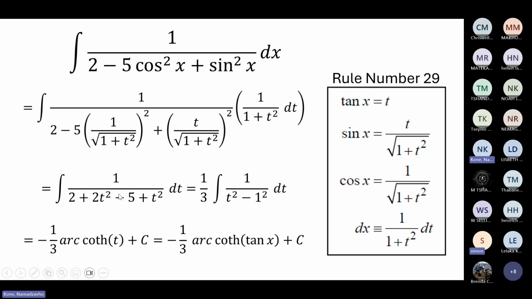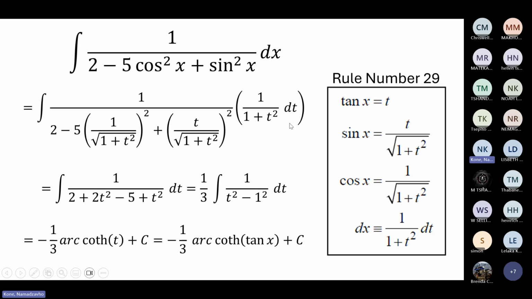Firstly, how did we get these values? It is this 2 here, multiplied by 1 plus t squared. This 2 times 1 is this 2. This 2 times t squared is this 2t squared. Are we happy so far? This 2 here is multiplying this 1 plus t squared at the bottom of our dx.